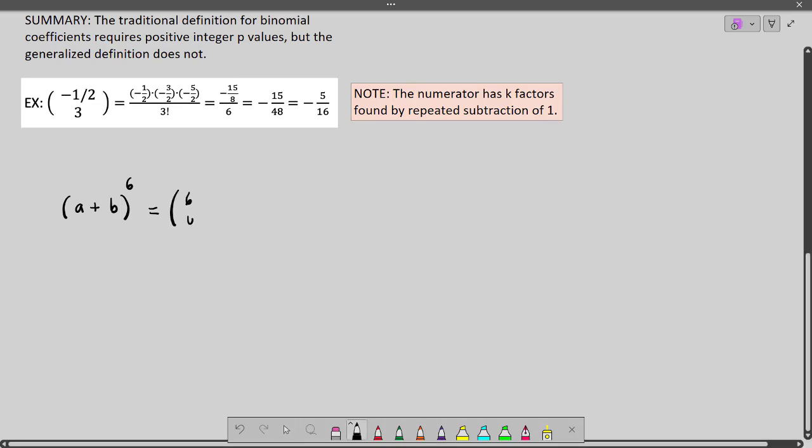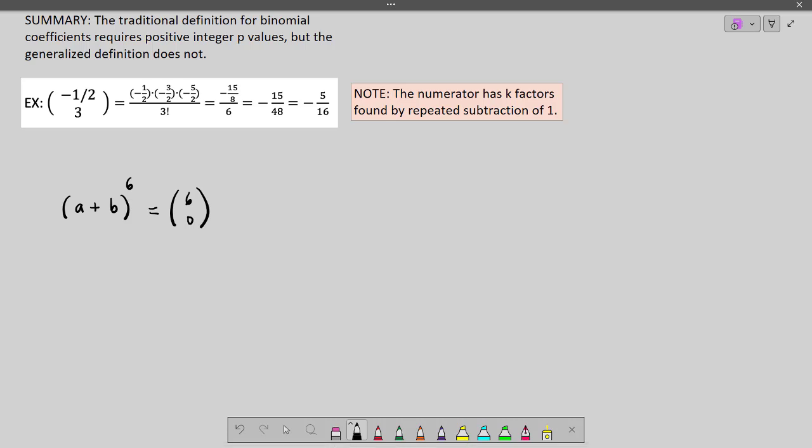This is going to be 6 choose 0. And it doesn't matter which power you start with. Normally we would say, okay, we want this to be a to the 6. And I'm going to just write the b in there, b to the 0. So there's the first term. And you know if you multiplied this all out, you get an a to the 6 at the beginning and a b to the 6 at the end, if you wanted to be mad. But this is how you can do it without FOILing it all out.